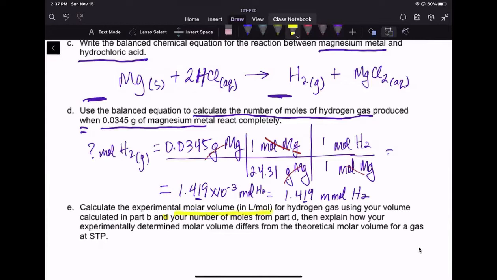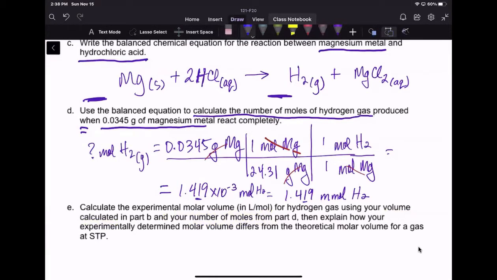How many liters per mole using the volume we calculated in part B and the number of moles. So we measured our volume and we used the combined gas law to look at it at STP. And we know how many moles reacted from part D. And then we are going to compare that to the theoretical value of 22.41.